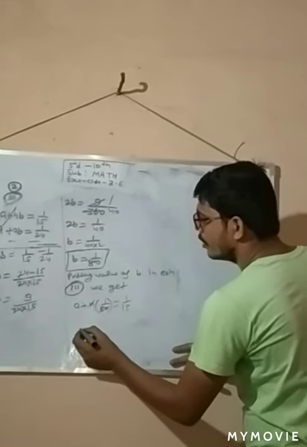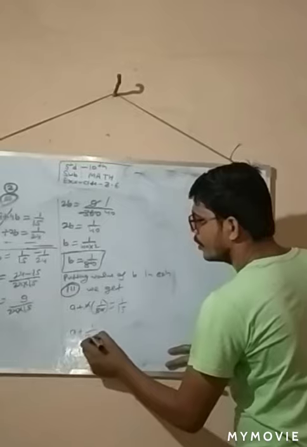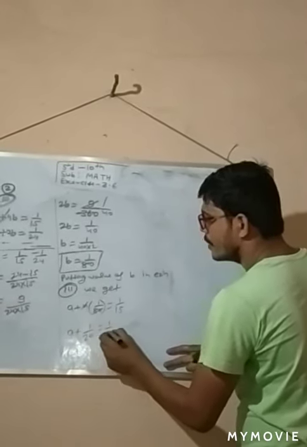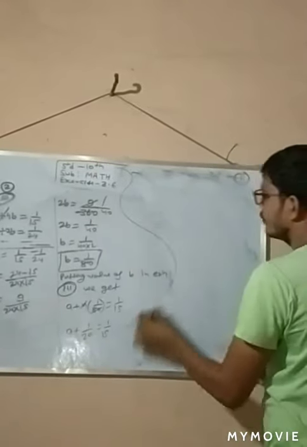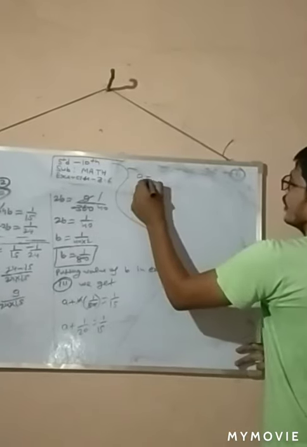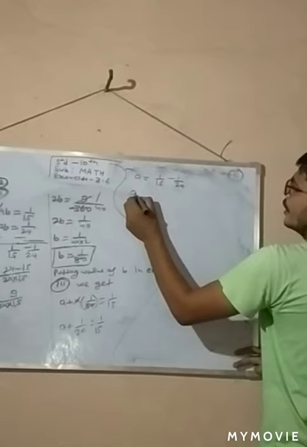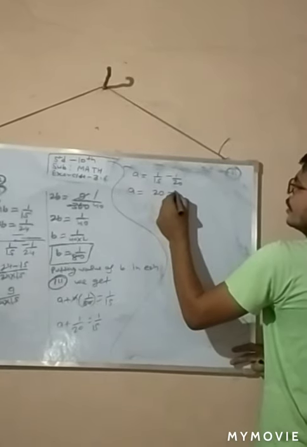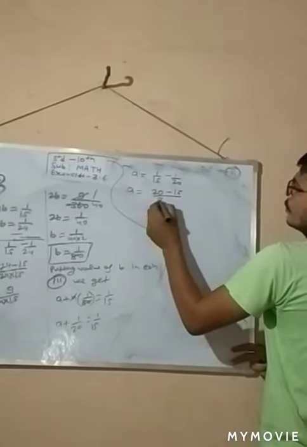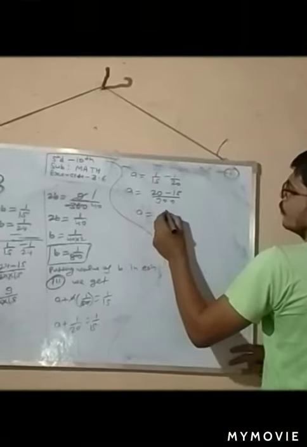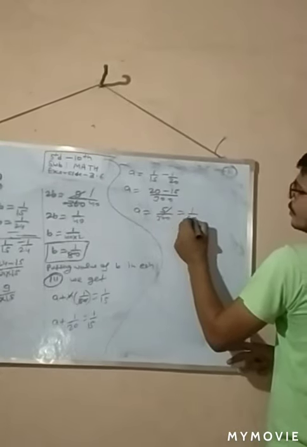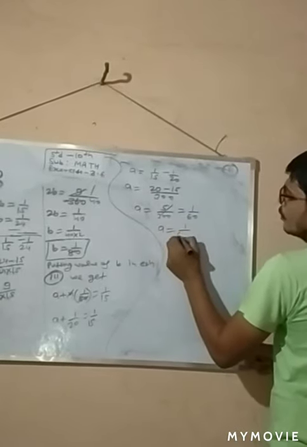Now 4 20s are, a plus 1 by 20 is equal to 1 by 15. Transfer to the right side, a is equal to 1 by 15 minus 1 by 20. So a is equal to, cross multiply, 20 minus 15 upon 300. Then a is equal to 5 upon 300, 1 by 60. a is equal to 1 by 60.